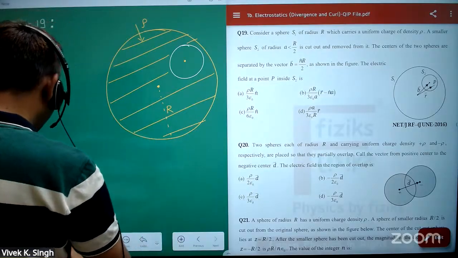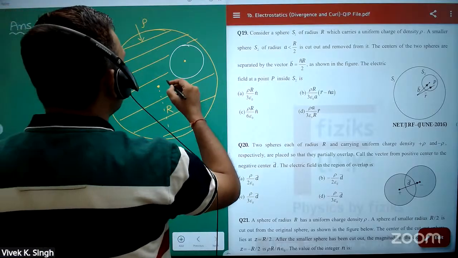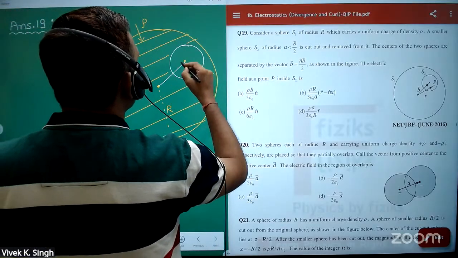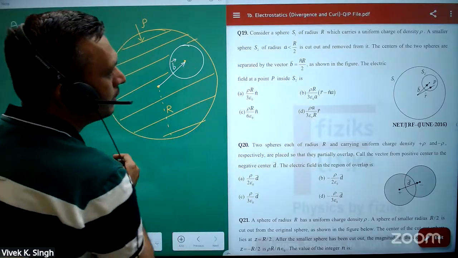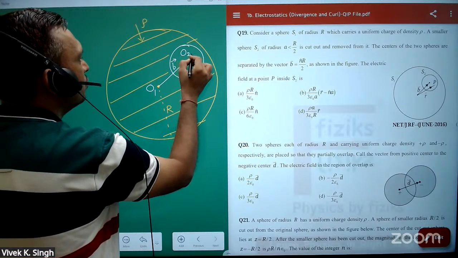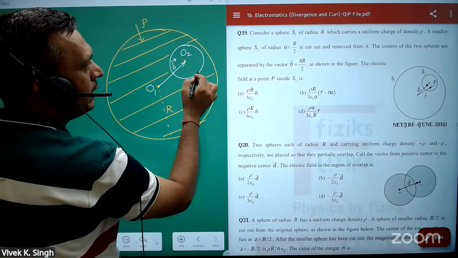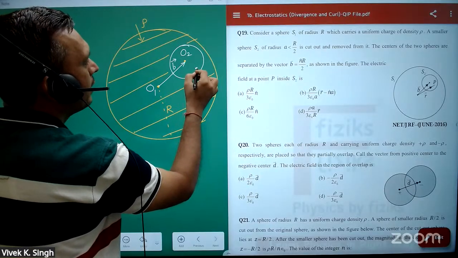And it is given that this is vector B. This vector B is given. Now take it as O1 and this is at O2. So you have to find what will be electric field at this point P.